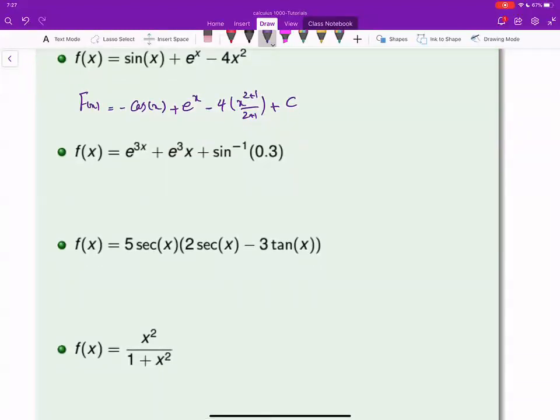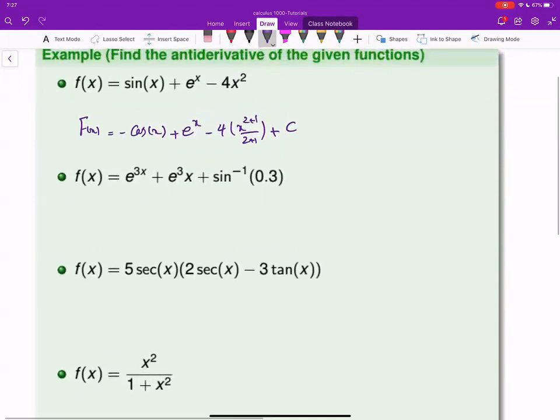When it comes to the antiderivative, remember the derivative of e to the power x is e to the power x. So antiderivative of e to the power x is going to be e to the power x. But if I have e to the power nx, what is the function whose derivative is e to the power nx? Well, you may say it is e to the power nx, but remember that when you find the derivative of e to the power u, it will be u prime e to the power u.